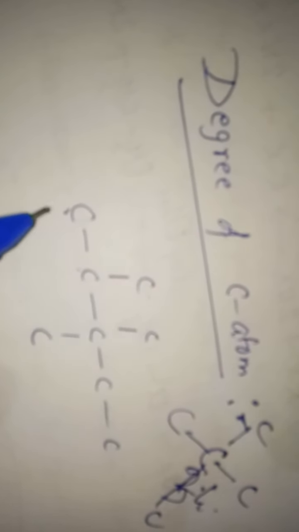Now in this structure, this carbon atom links up with another carbon atom, so its degree is 1 degree. This carbon atom links up with 1 carbon on the left and 1 carbon on the right, so its degree becomes 2 degree. This carbon links up with another carbon atom, so its degree is 1 degree. Now this carbon atom links up with 1 carbon on the left, 1 on the right, 1 on the top, 1 on the bottom.